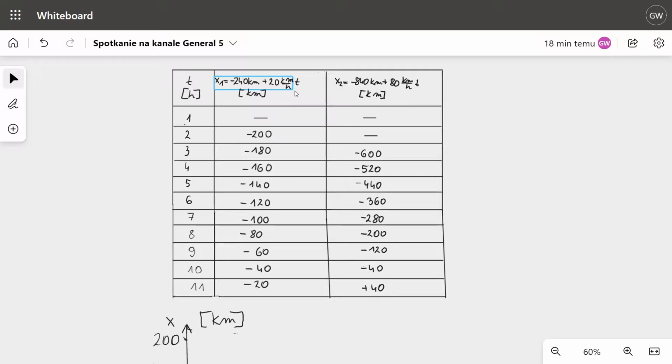And the second car at 3 o'clock was in city B, so its coordinate of position equaled minus 600 kilometers. Every hour, the coordinate of position of the first car increased by 20 kilometers and of the second car by 80 kilometers. So we can add 20 here and 80 here.